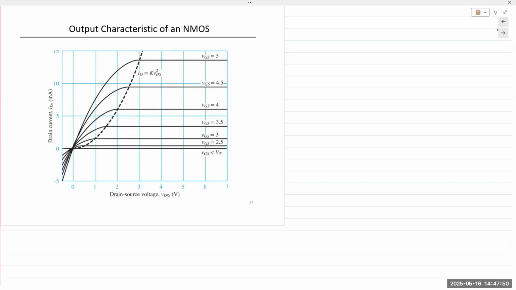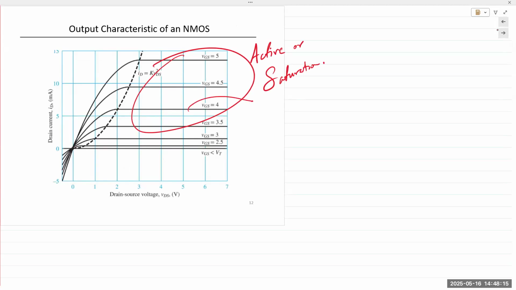You know how in a BJT we have the active, the cutoff, and the saturation region? Well, here in an FET, this is still known as the active, but more commonly, what do you think this is known as? Saturation region, because the current has reached a maximum or saturated value. Hence, it is known as the saturation region.